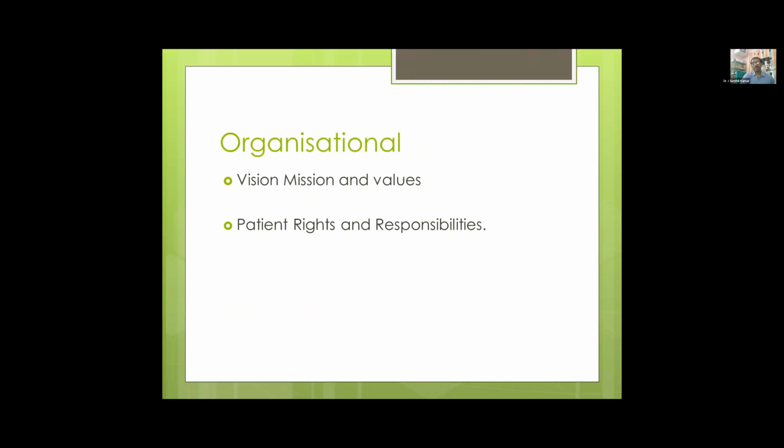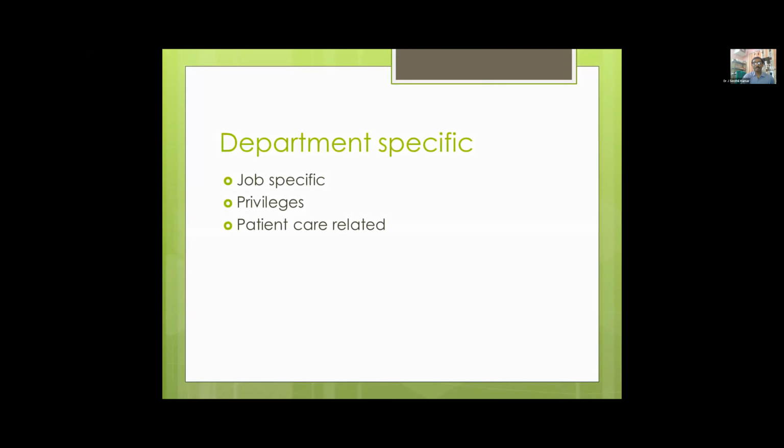Organization-related training is about the vision, mission and values of the organization and patient rights and responsibilities. Department-specific training is about job-specific training, privileges given to the staff and patient care related trainings.